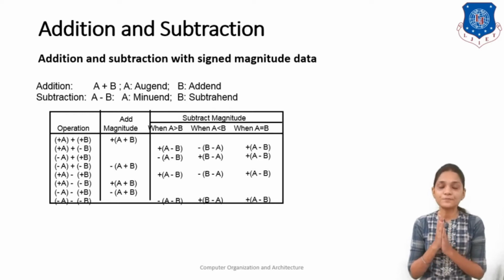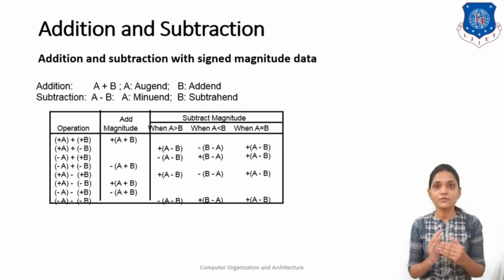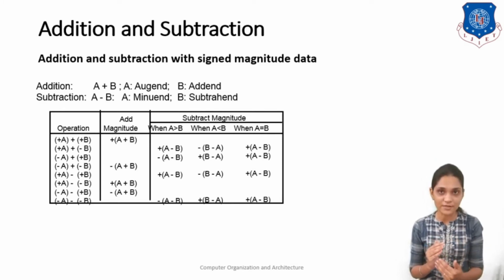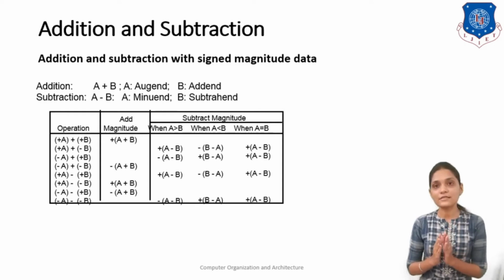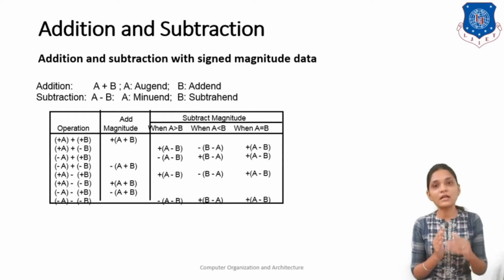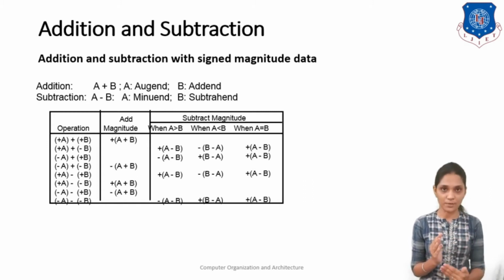Here the actual operation, whether you have to do addition or subtraction, will depend upon your given operation and the sign of your numbers. If your task is addition and any one number is negative, then ultimately you will do the subtraction operation.